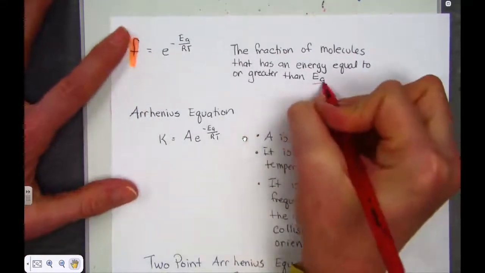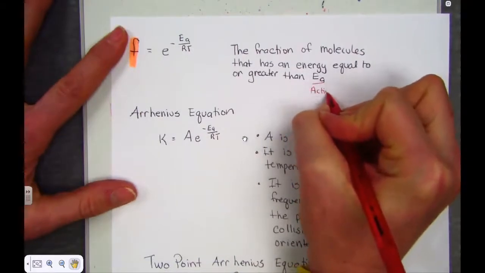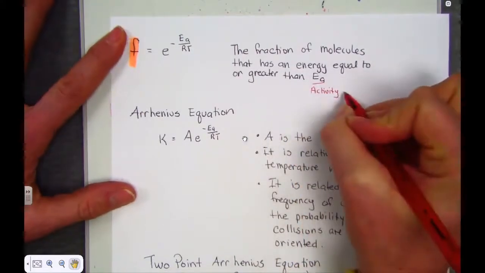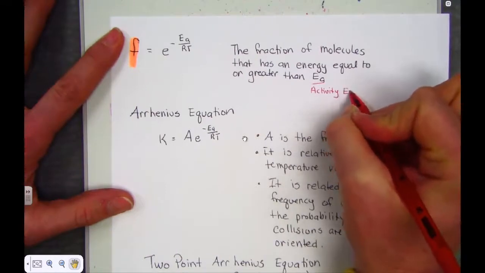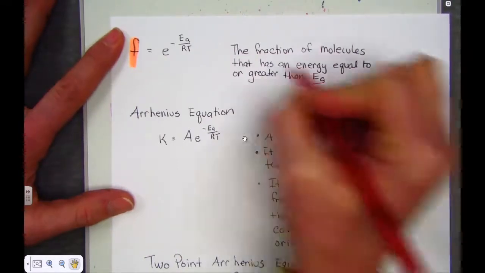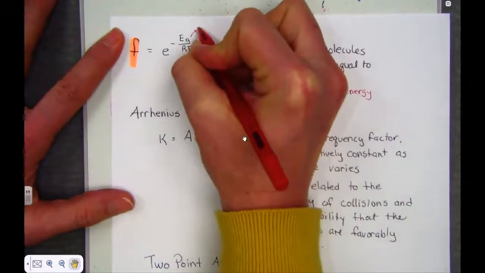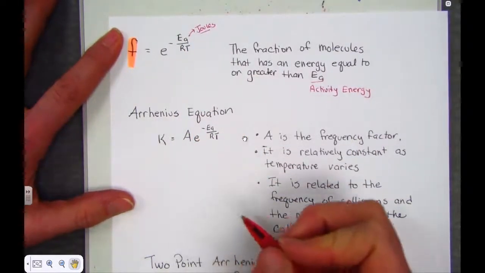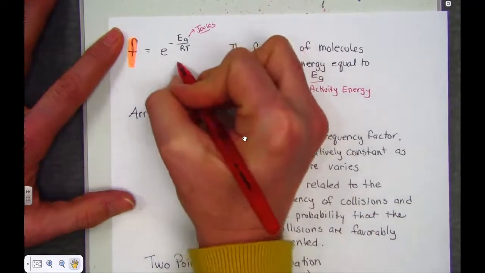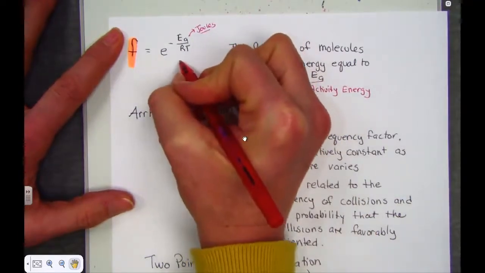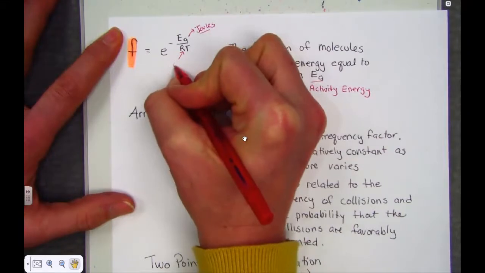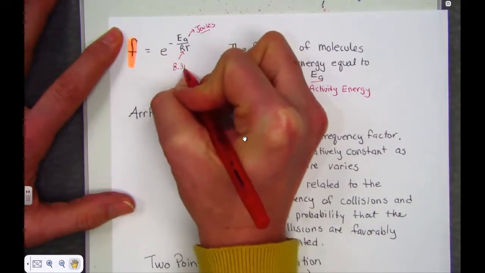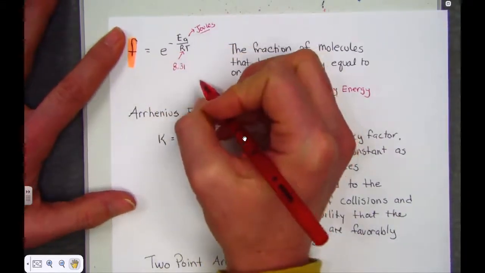Ea stands for activation energy, that energy barrier that separates reactants from products. Activation energy must always be placed into your equation using the joules value. Because we're introducing joules and the metric system, R must be calculated with 8.31 as your constant.